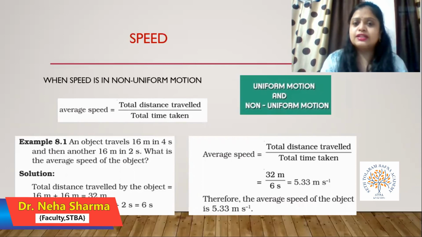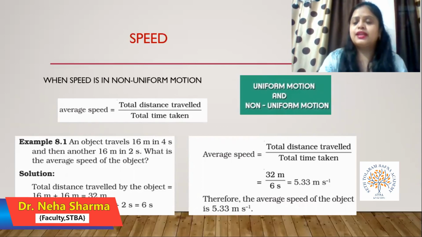So if we want to apply speed to a real example, suppose I consider speed in non-uniform motion. In non-uniform motion, different speeds are covered by an object in a particular time.